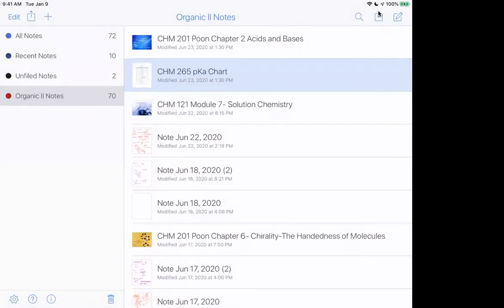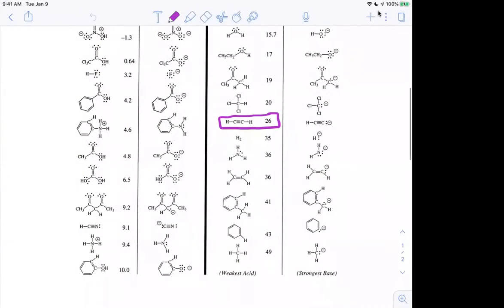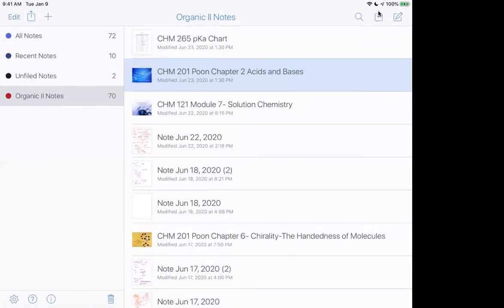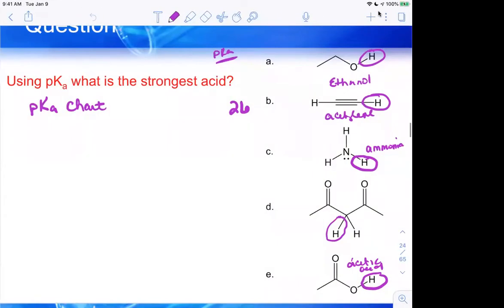Then if I look at ethanol, I'm going to look for that. And here's my ethanol. This has a pKa of 17. So when I look at this particular number, this is going to be 17.